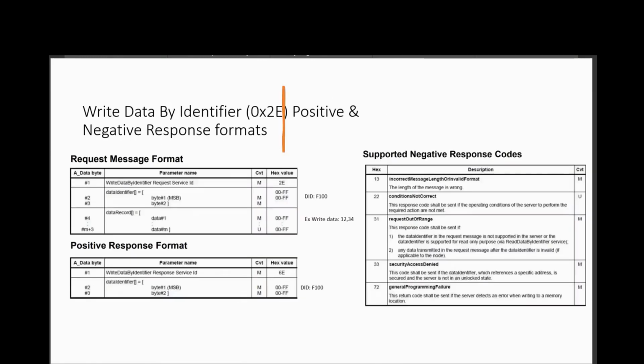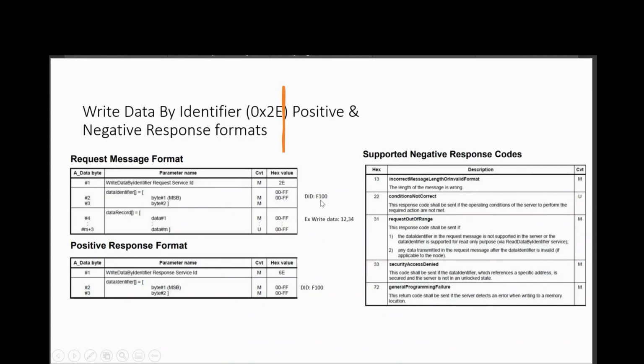In many cases the data will be stored in EEPROM or external flash. These are the request message format and the positive and negative responses for WDBA, write data by identifier. The service ID is 2E, followed by F100. This is just an example of writing particular data. For example, F100 is the VIN number I'm trying to write, or ECU programming data, or installation data.